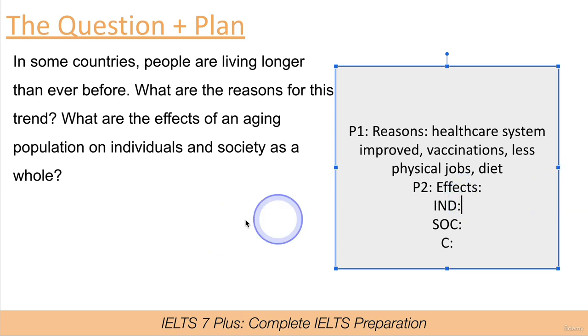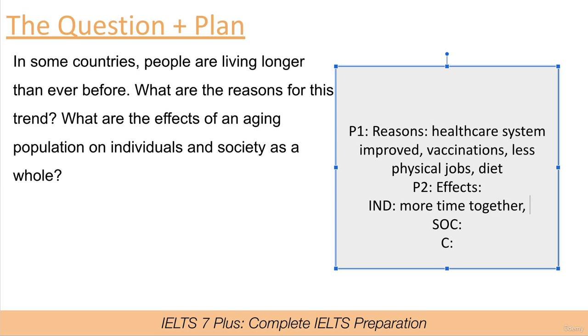Okay, so what are some effects of living longer, aging population on individuals and society? Well, individuals, for all members, for the elderly and the younger people, there is just more time together. Whereas before, you might not have known your great grandparents, but today there might be more of a chance to know these elderly members of the family.